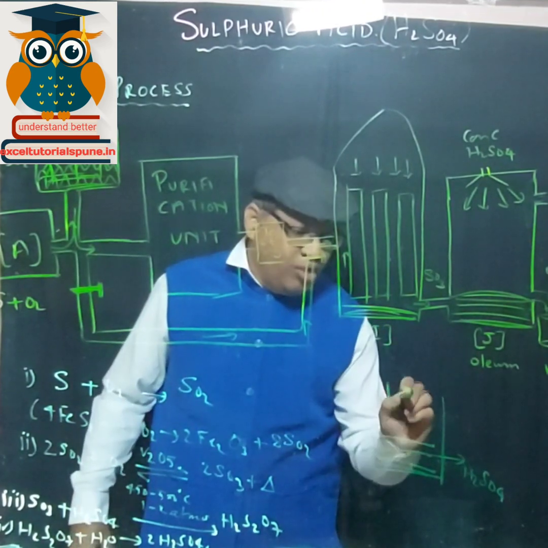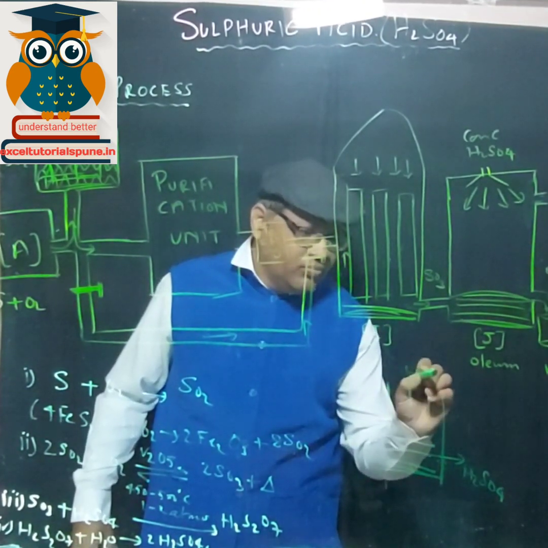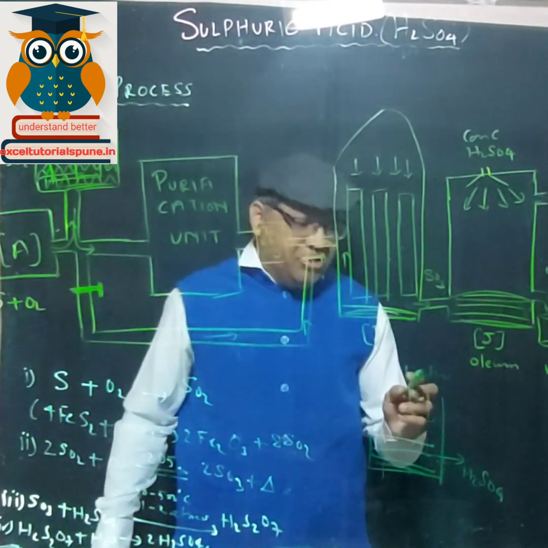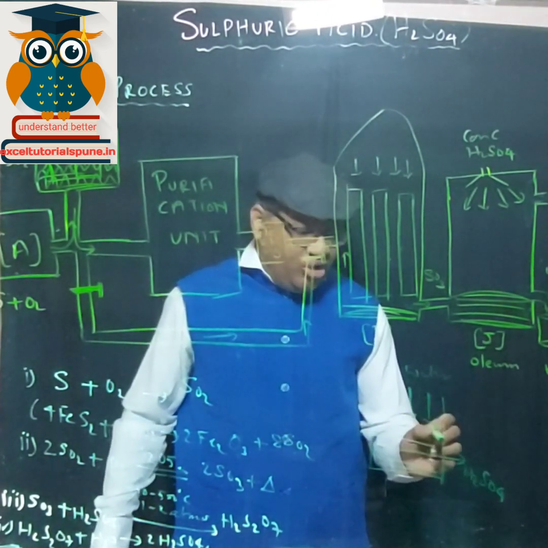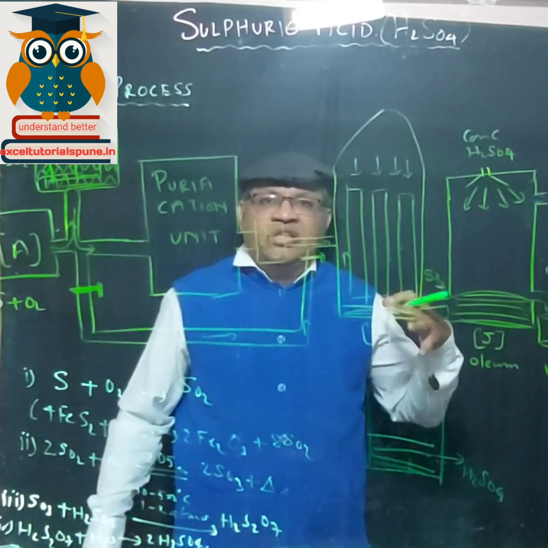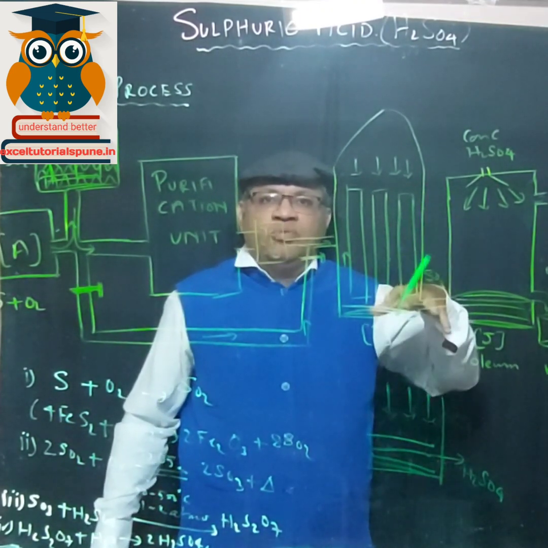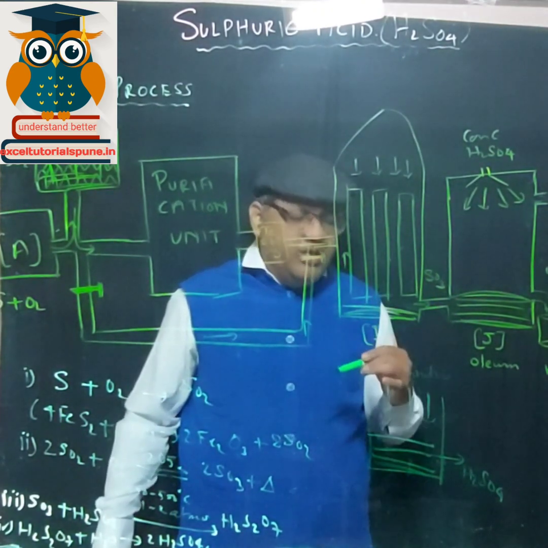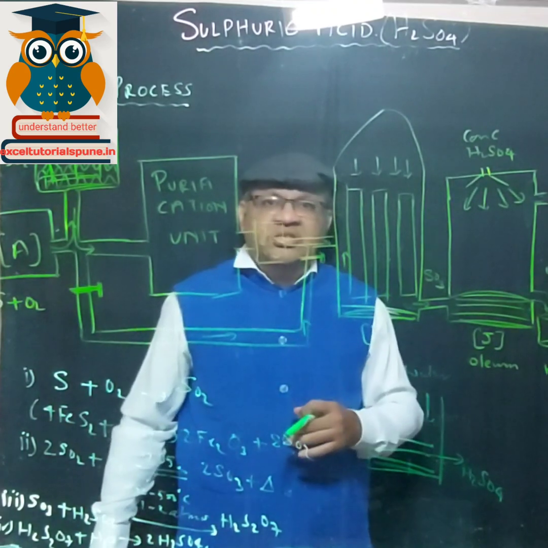If you add water to make dilute sulfuric acid, then what happens is the water is less dense. It gets collected on top and it spurts. Spurt means, for example, when there is hot oil and you sprinkle a little water, how it spurts; like that this water will spurt, and so it can come on a person's face also.